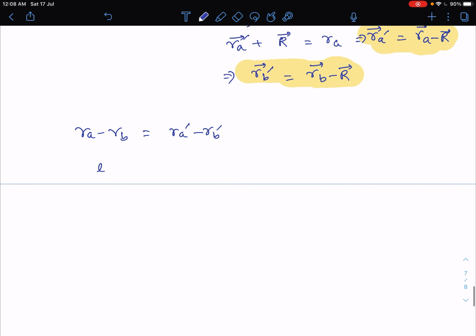So the departure of the spring from the equilibrium length, let's say delta L, is just RA minus RB minus l, right? This is the length afterwards and this small l is the length before the stretch. So this is also the same as RA prime minus RB prime minus l. Fine.